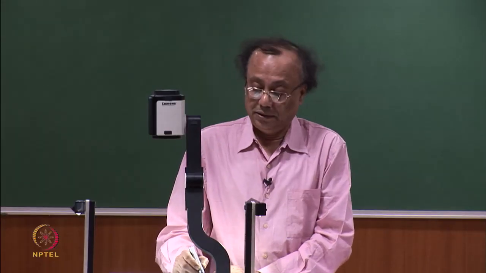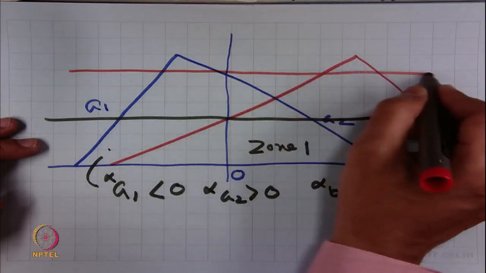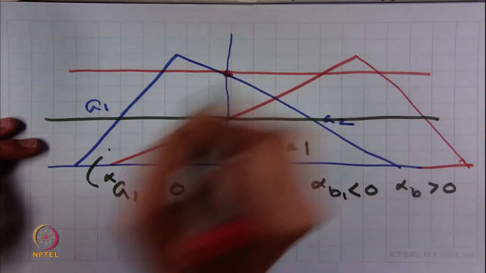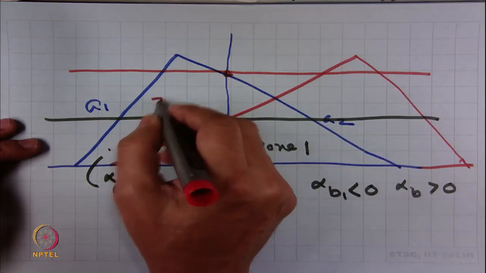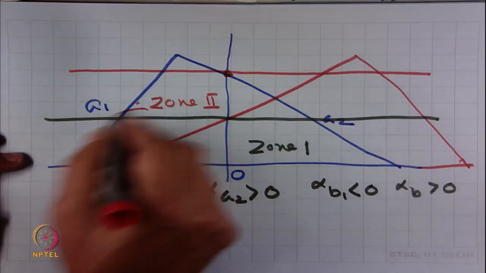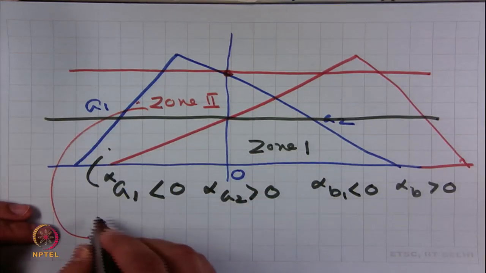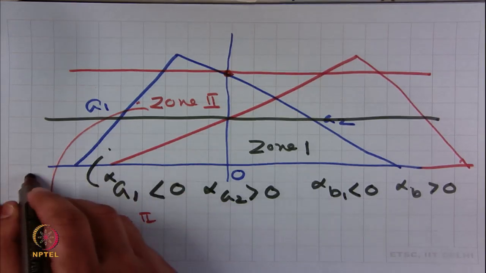Now, let us look at this zone. Here A2 is becoming negative to positive, and if I call it zone 2, then this was zone 1.